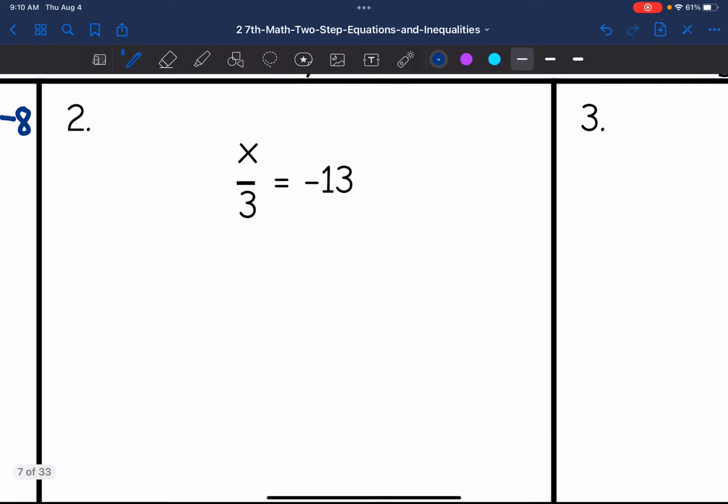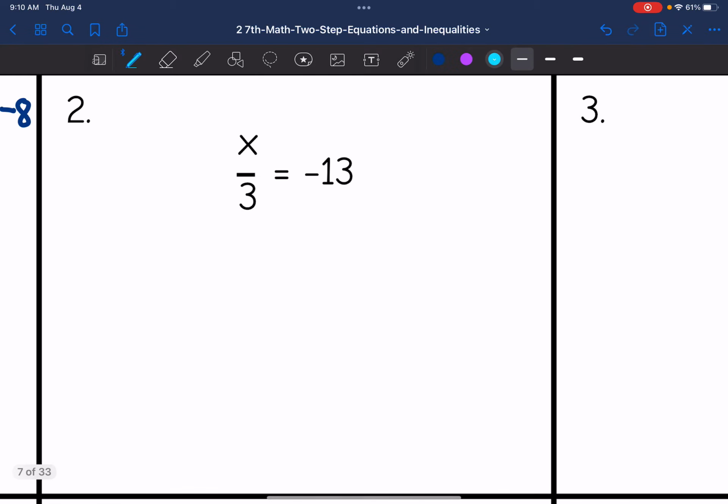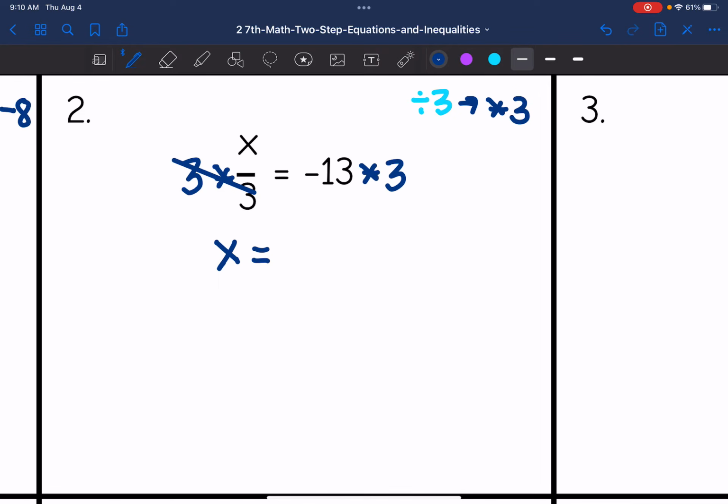Okay, let's look at number 2. x is being divided by 3. And the opposite of dividing by 3 is multiplying by 3. So to get x isolated, I'm going to do that inverse operation of times 3. And whatever you do to one side of the equation, you have to do to the other side. So these inverse operations cancel each other out, and I'm left with the x, and then negative 13 times 3 is negative 39.